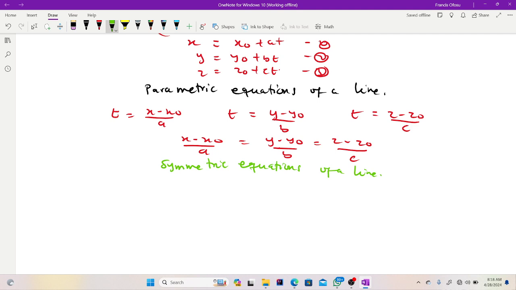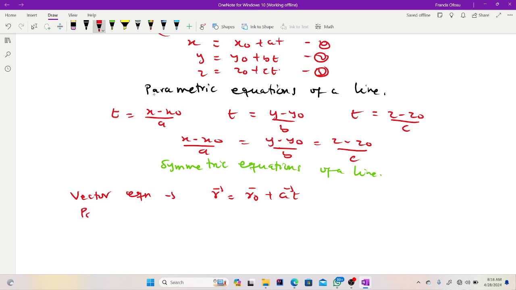So this is how we find the equations of a line in 3D. You should have your vector equation generally as vector r is equal to vector r naught plus a multiplying vector at.